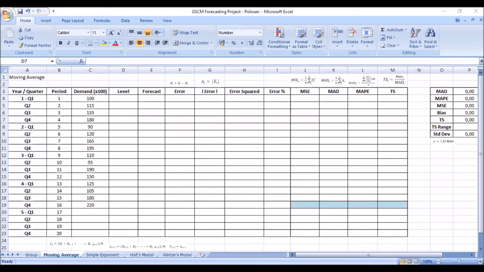So we're gonna start with the moving average first, which means that we're gonna use an average of some periods in order to find the forecast of a certain period. Usually in this case, we use the demand of the first 4 periods and divide by 4 to find the first forecast and the first level.